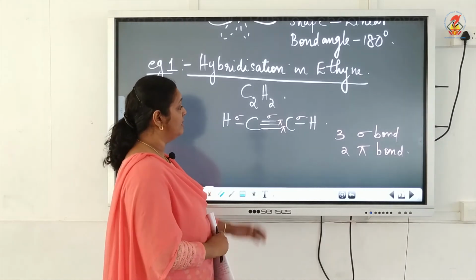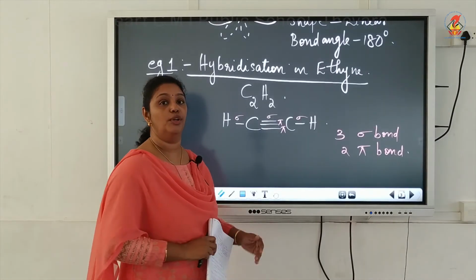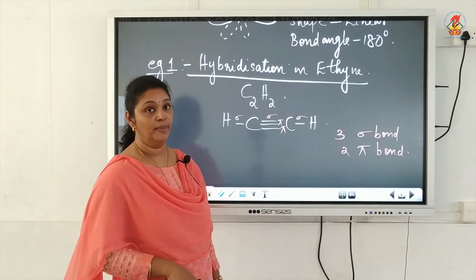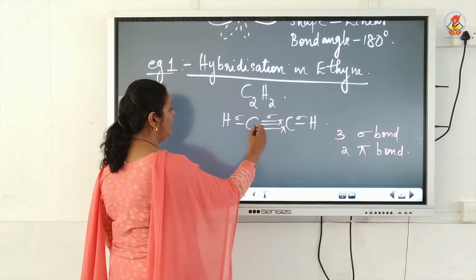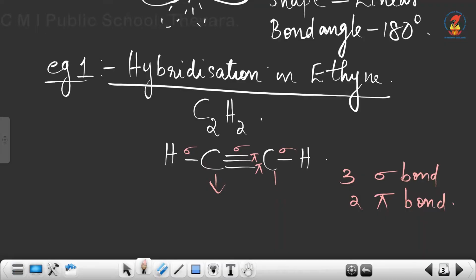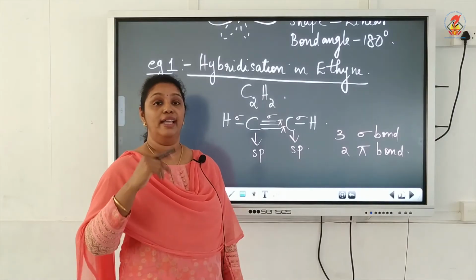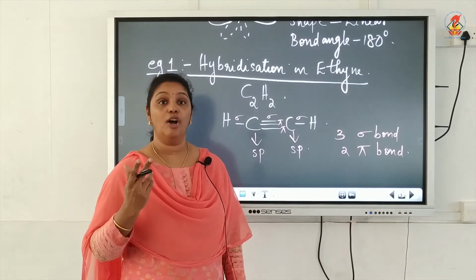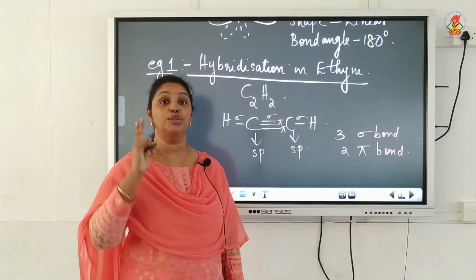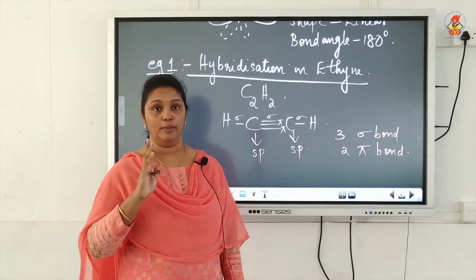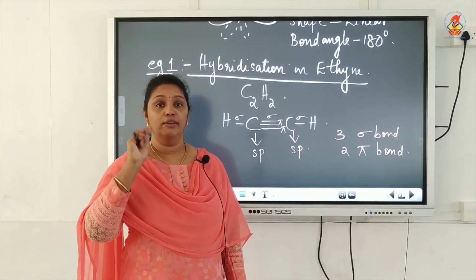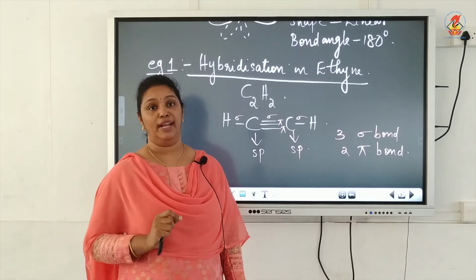Okay. Now let's explain the formation of this ethine molecule with the help of hybridization. Now in ethine molecule, each carbon atom will undergo sp hybridization. So what will happen? The sp hybrid orbitals. How many sp hybrid orbitals are formed? 2 sp hybrid orbitals are formed on each carbon atom.